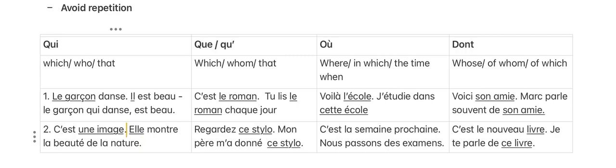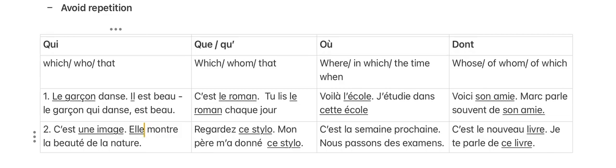The first sentence, that is c'est une image, is the main clause, and the subject is une image. The second sentence, that is elle montre la beauté de la nature, is the relative clause, since it describes a little bit more about the subject. Here the subject pronoun that makes reference to the subject is elle. So we need to follow the same steps that we saw in the previous example.